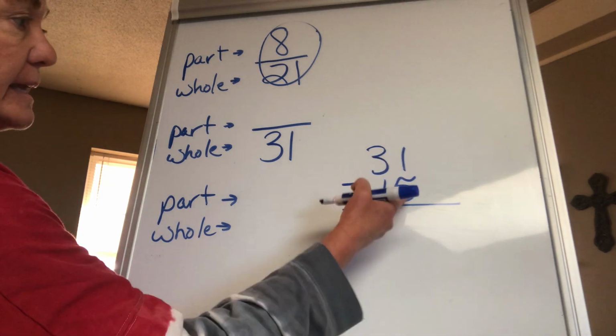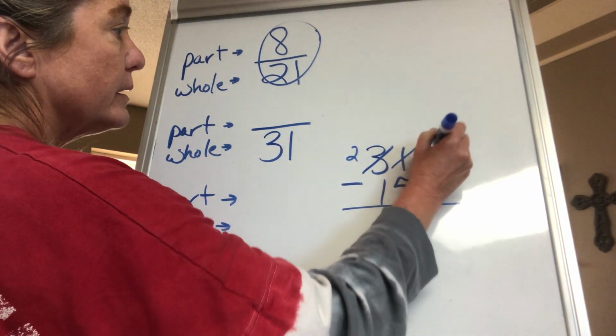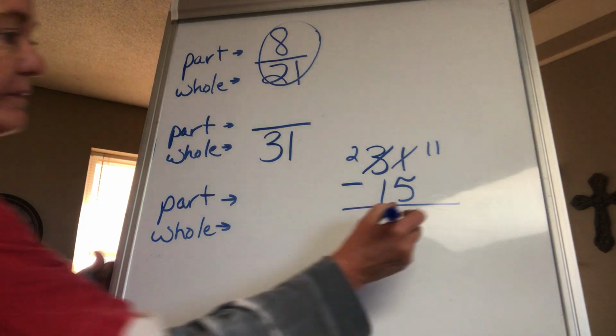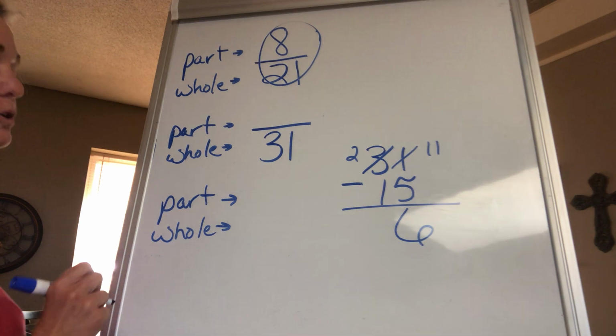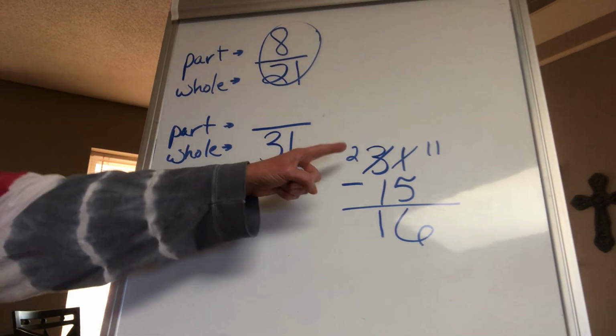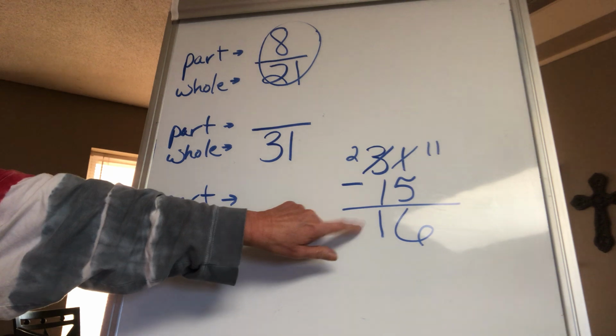All right, so I can't take 5 from 1, so I have to borrow, and the 1 becomes an 11. 11 minus 5 is 6. 2 minus 1 is 1. 16.